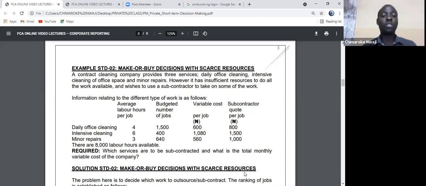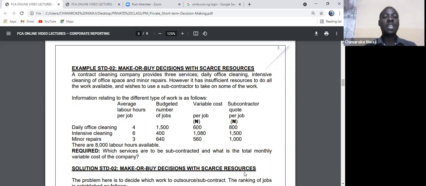Information relating to the different types of work is as follows. Now, if you look at the column headings here, you will see average labor hours per job. And if you look down the column, you see that daily office cleaning takes you 4 hours to do one job.